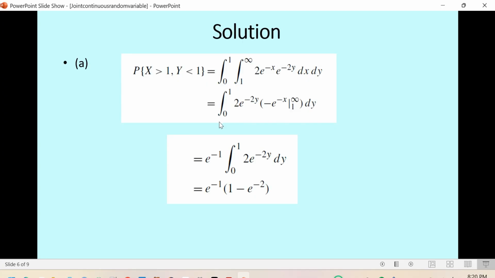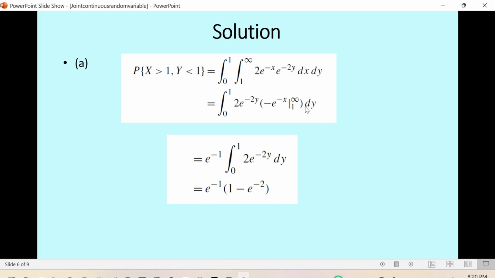The first is quite easy because we have to calculate x larger than 1 and y less than 1. Both are scalar, right? So we just take the integral of, for example, x first. Because it is larger than 1, we use the lower limit 1 and the upper limit positive infinity for dx. So we integrate this part out first and get this value.